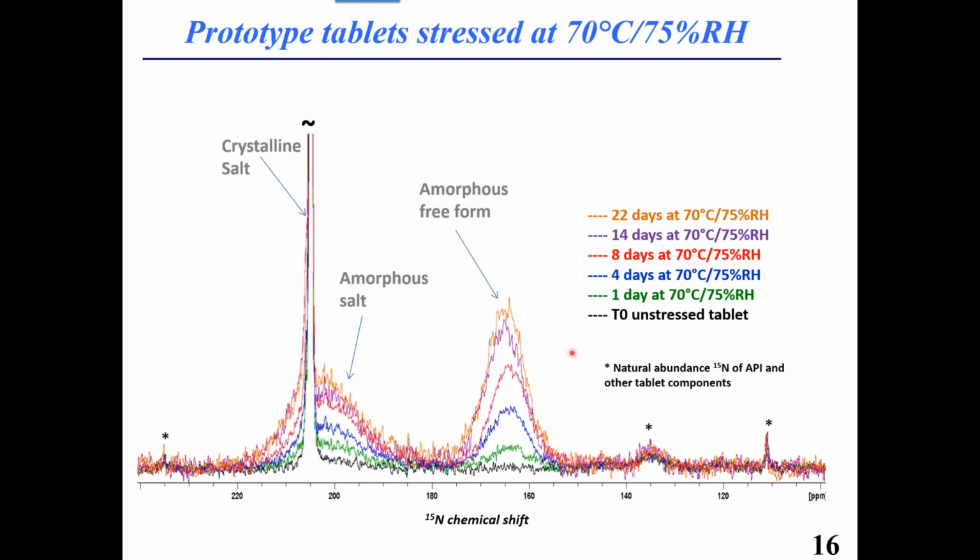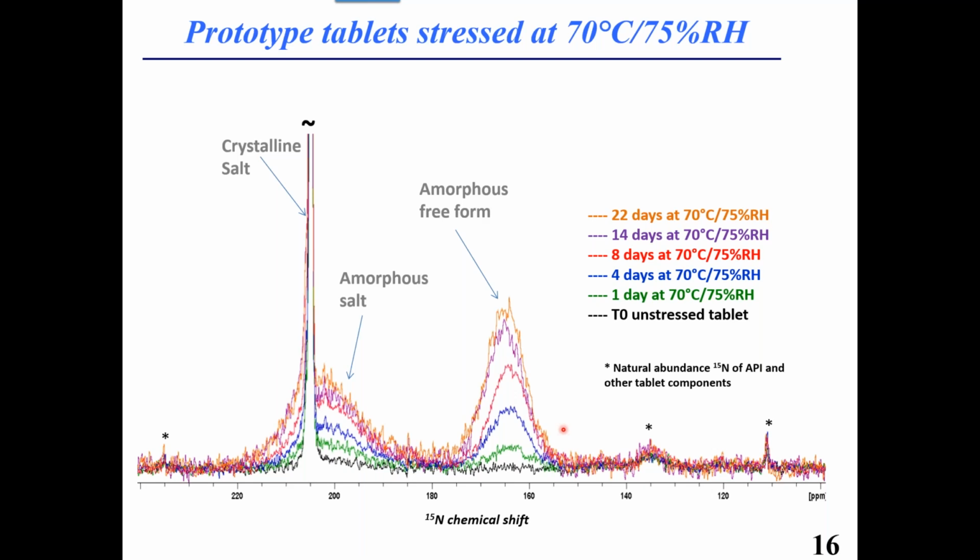So there is absolutely no way that DSC can differentiate them in this very complex matrix. We have several polymers which are amorphous. We have several APIs that are amorphous. We have crystalline API, we have crystalline excipients, amorphous excipients, and so on. So DSC is actually the worst technique to differentiate these in such complex matrices.